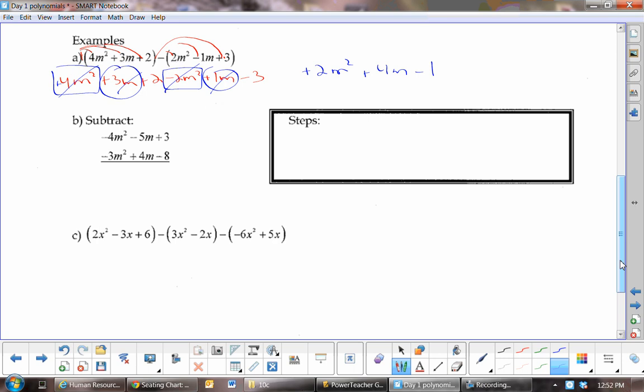Now B can be confusing because it says subtract those two. Well, there's actually a subtraction sign out here. That's what that means. So you'll want to rewrite this as negative 4m minus 5m plus 3. That's just the top, right?